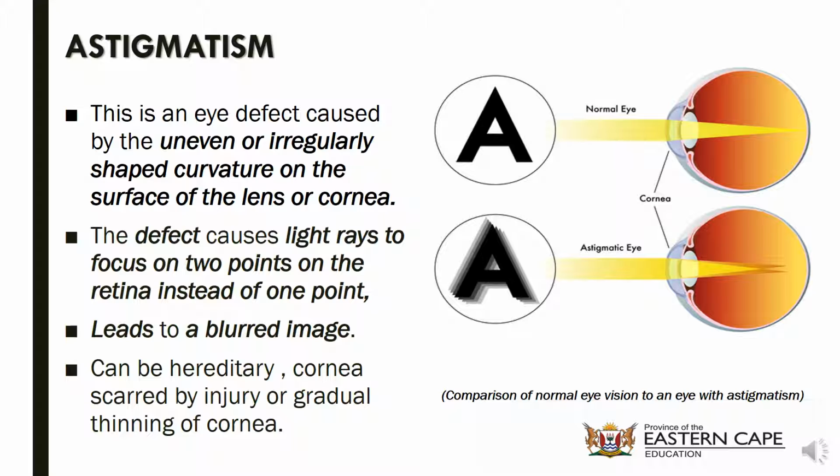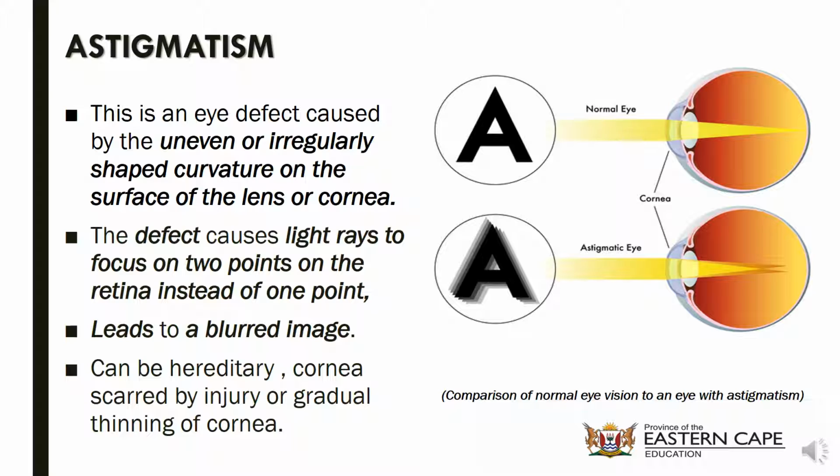So, as we're going to see, what is the effect of this? If you look at the top diagram here, this is what we'd expect to see as light rays come in. The cornea and the lens are in perfect position, so the light rays fall on the retina, and we get a clear image. However, with astigmatism, the cornea or the lens is curved differently, and therefore the light rays fall on 2 points on the retina instead of one.